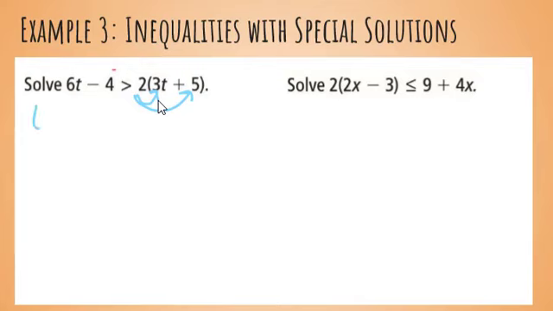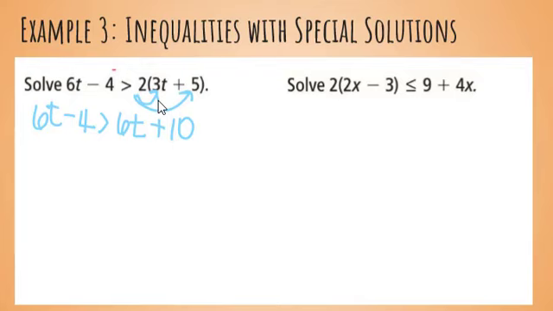So we're going to bring down the 6t minus 4 as well as the inequality symbol. Then we have 2 times 3t, which gives us 6t, and then 2 times 5, which is 10. So now we have variables on both sides of our inequality.